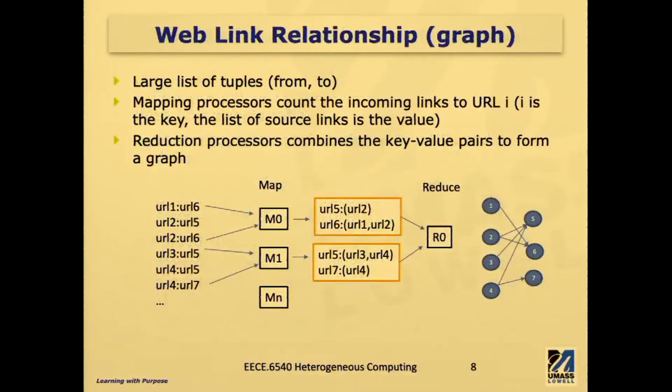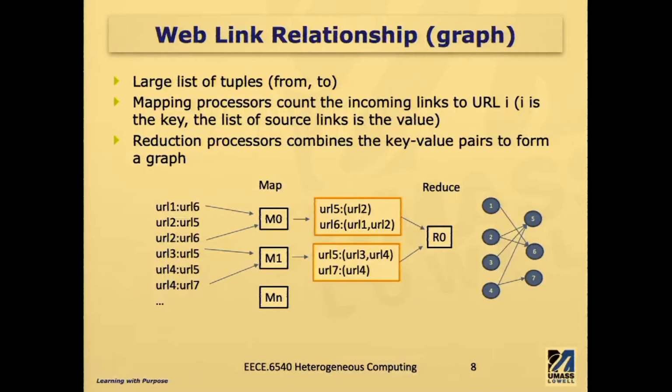For the other example, Weblink relationship, I tried to draw this to illustrate what happens. Let's say we have a way to get these from-to URLs. What this represents is that from looking at these web pages, we are able to get these URL pairs, each of which represents from what URL linked to which URL.